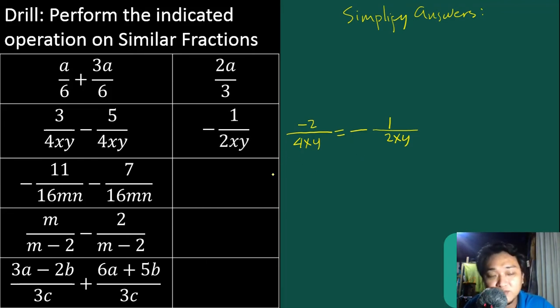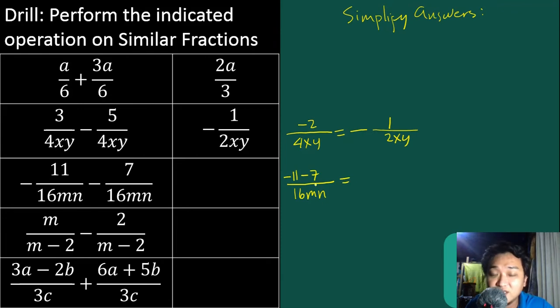For the next example, we have negative 11 over 16mn minus 7 over 16mn. So again, they have similar denominators. Let us copy their similar denominators, 16mn. Then let us subtract their numerators: negative 11 minus 7.